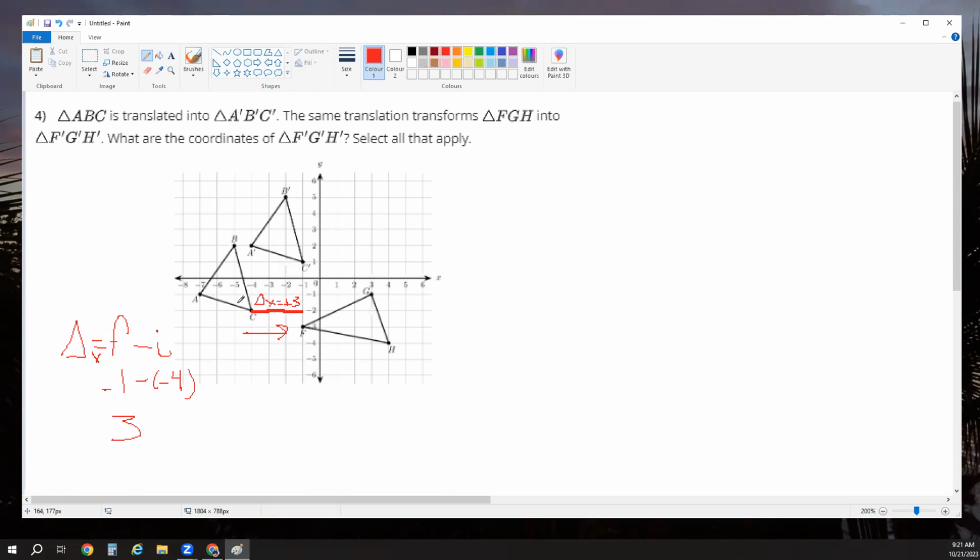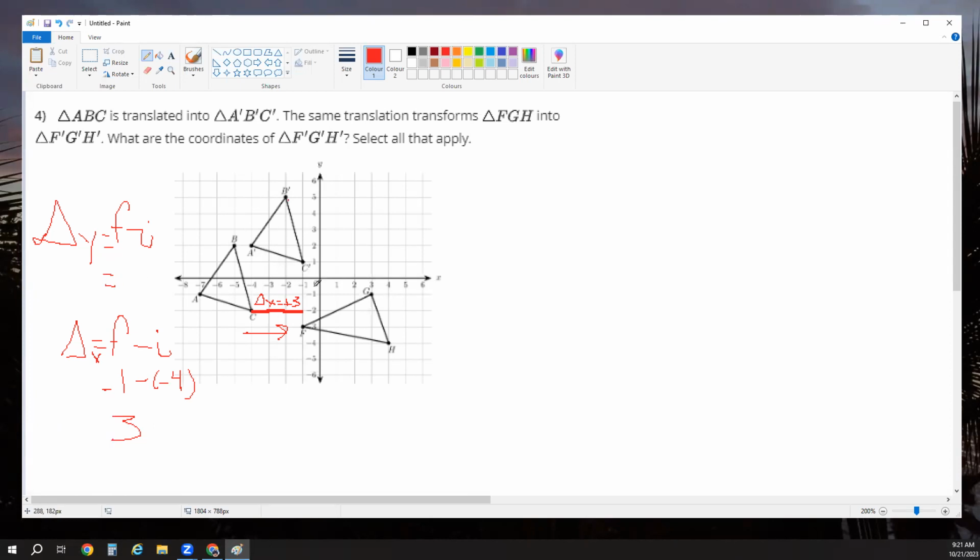Okay, my change in Y. I like to do it this way better anyway. Change in Y equals final minus initial. My final was 3. My initial, wait, no, we gotta use C. Actually, we don't have to use C. We could, but we don't have to.